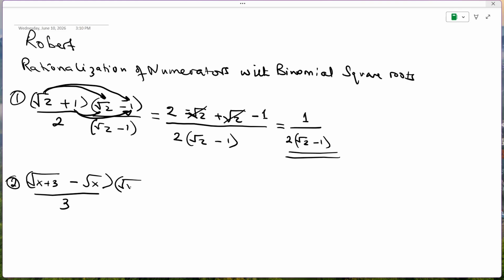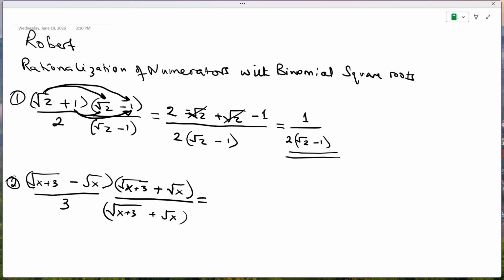So we have root x plus 3 minus root x multiplied by root x plus 3 plus root x. And what we do to one part of a fraction, we must do to the other. So even at the bottom, we have to multiply 3 by root x plus 3 plus root x.